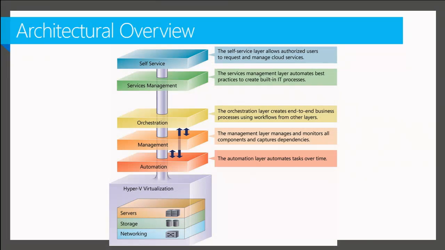You can do anything in there from change control and governance to incident and problem management. Or maybe you're just using that for the CMDB, which understands the relationships between these tiers. And then finally, the self-service tier. We have a couple of choices there, App Controller and the Service Manager portal. But that's really the layer that gets presented up to either IT administrators or consumers of the IT services themselves if you want to build a service catalog and offer those out.